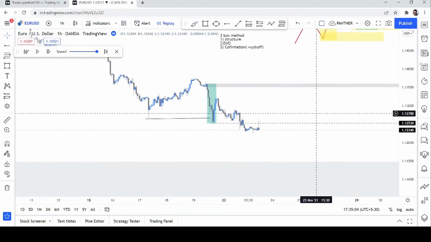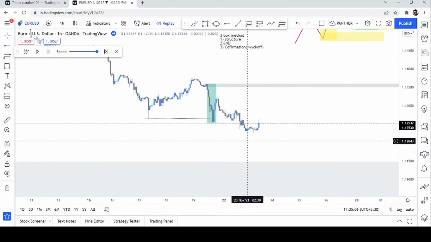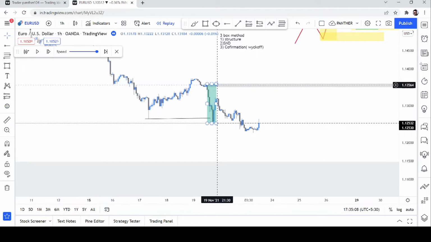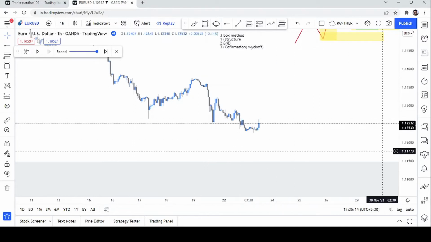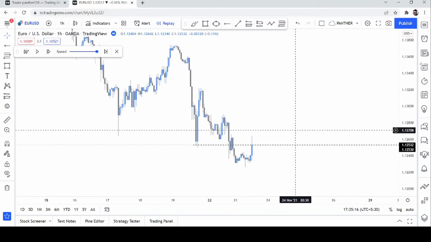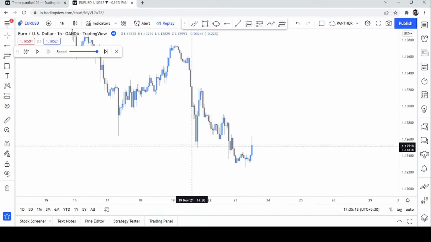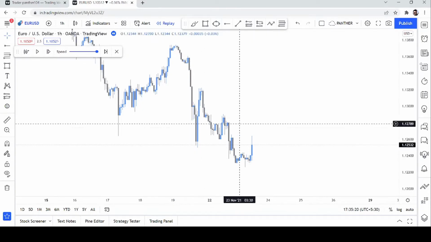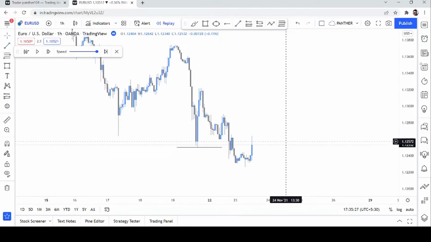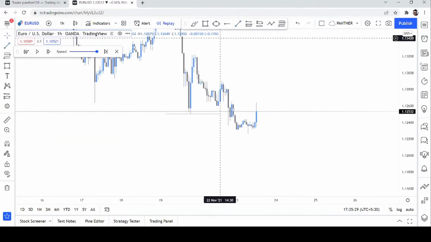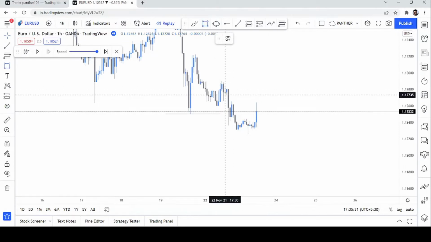Okay, so what do you see here? This is already broken, so this box is no more valid. It's no more important to us. Where is this break of structure coming from? We have a new break of structure formed here, as you can see, coming from right here.